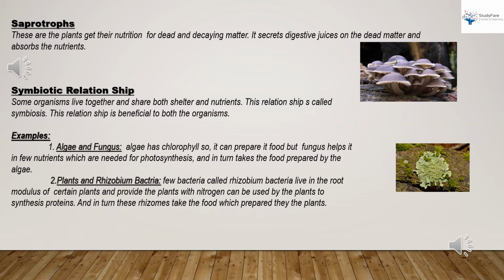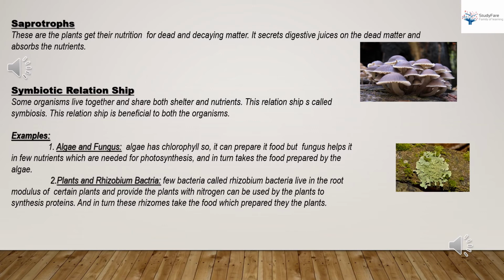Now, symbiotic relationship. Some organisms live together and share shelter and nutrients. This relationship is called symbiosis. This relationship is beneficial for both the organisms. Example. First one, algae and fungus.